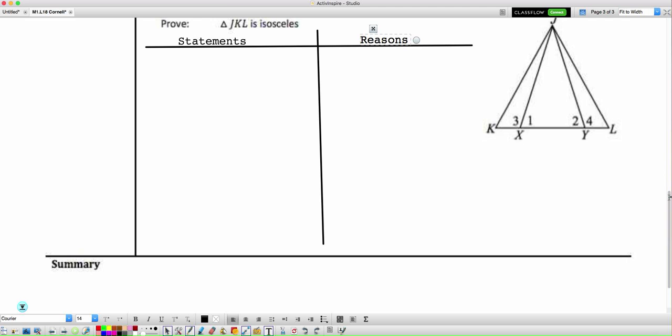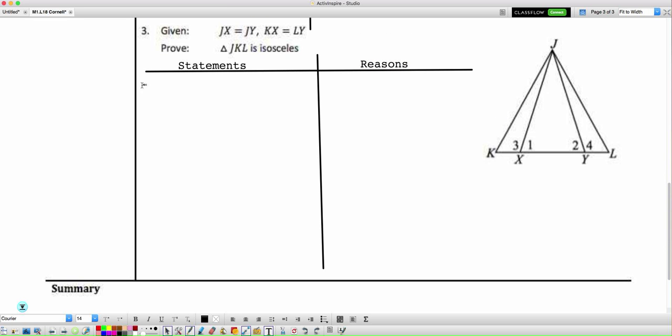So my given information is Jx equals Jy, and that Kx is equal to Ly. And then I'm trying to prove that I have an isosceles triangle in here somewhere.